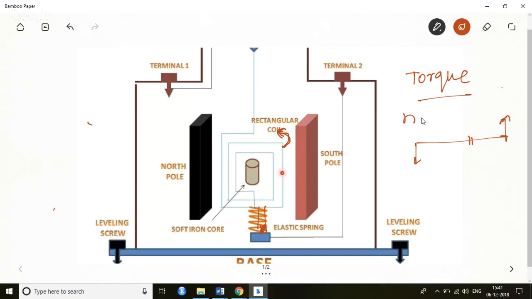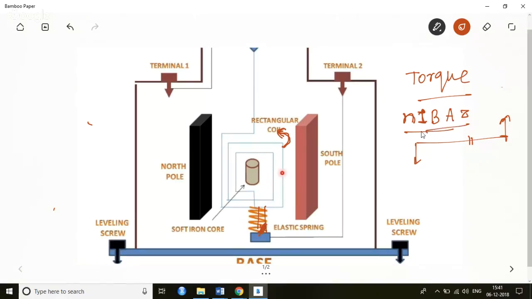So the torque developed would be N, the number of coils, times I, because this is the total amount of current, times B, multiplied by A, and this torque would be equal to whatever angle this particular thing is making.